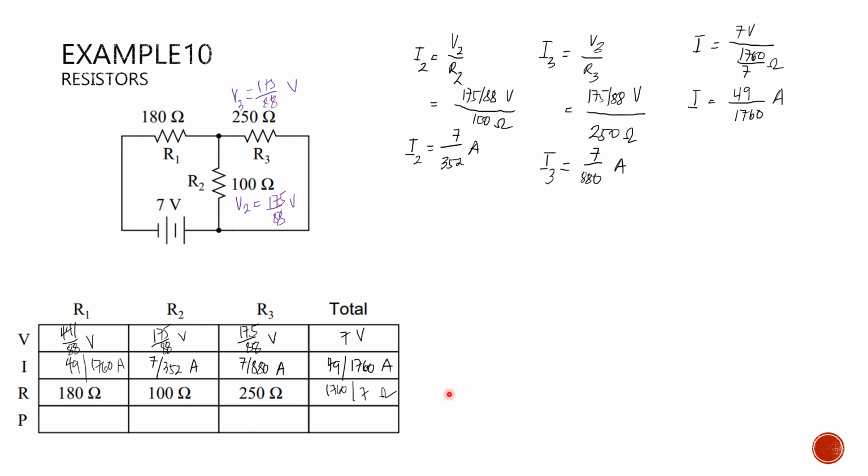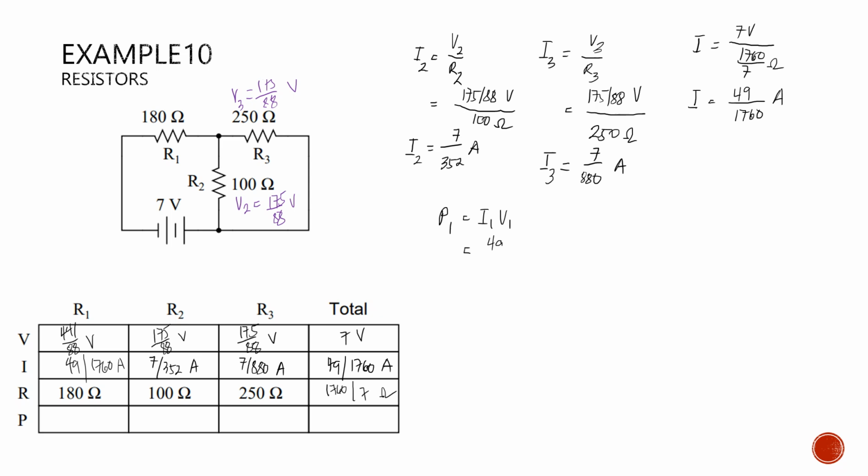Anyway, let's say we choose to solve for P1, which is I1 times V1. We'll stick with multiplication rather than division, which would be easier.